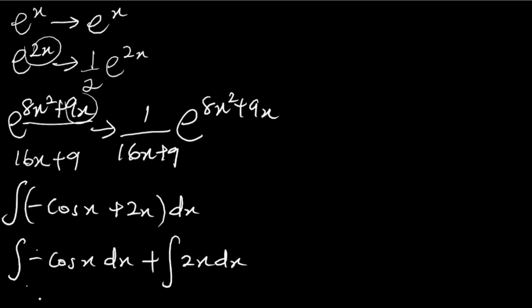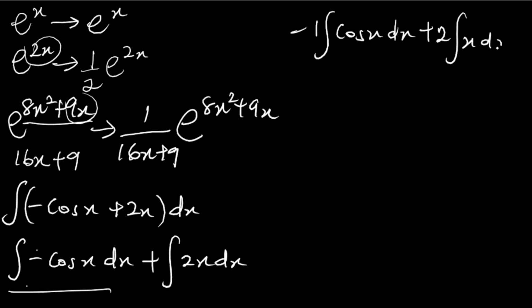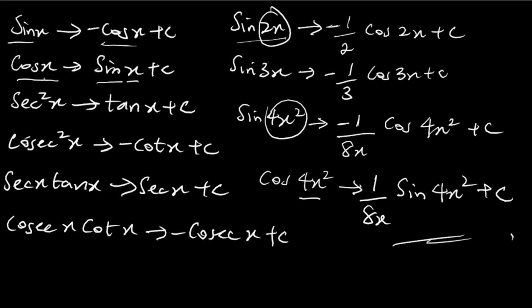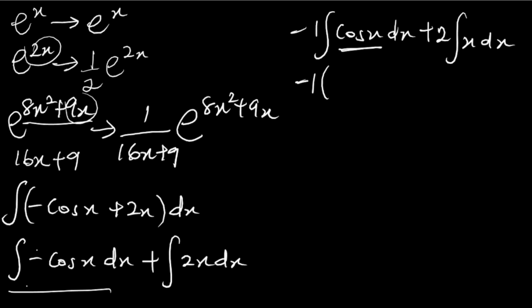I can split it to be minus 1 integral of cos x dx, plus, taking out the constant 2, integral of x dx. Integrating cos x, as I told you earlier, what did I tell you it is? Cos x integrates to sin x. That is, this will be minus sin x.